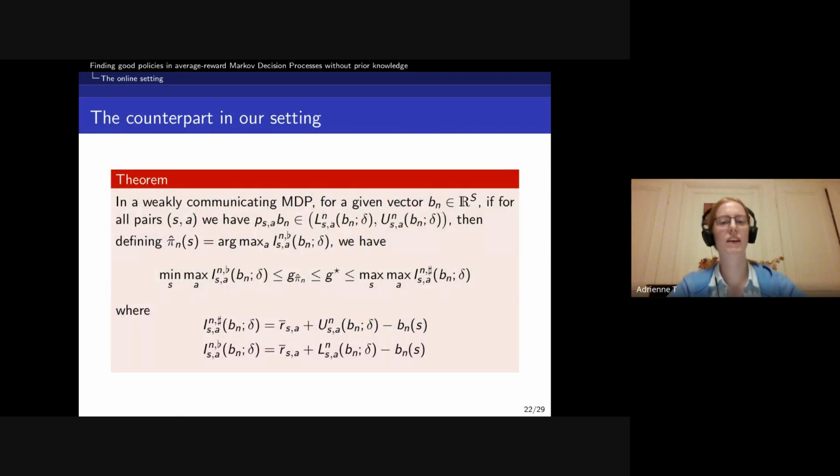What this theorem says is that if we do build all of our estimators, then we're going to find the gain.